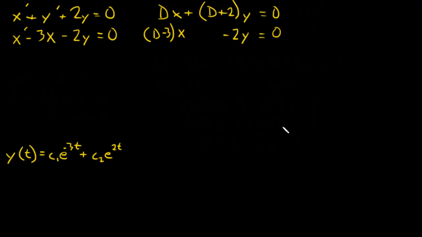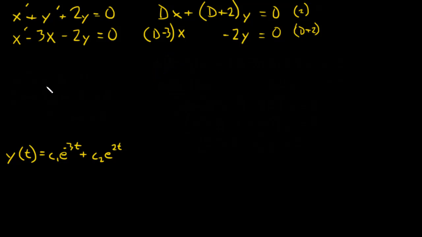Alrighty, so now we want to eliminate the y. So I'll multiply the top one by, let's say, 2. That sound good? So 2, and then the second one by d plus 2. Okay, so if I do that, I'm going to get negative 2, not negative, my gosh.